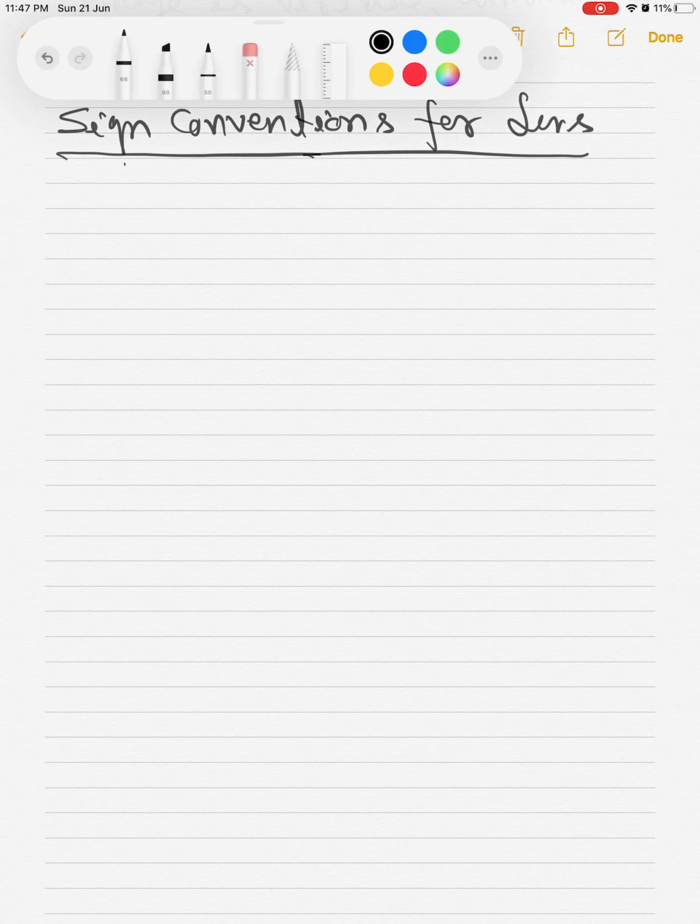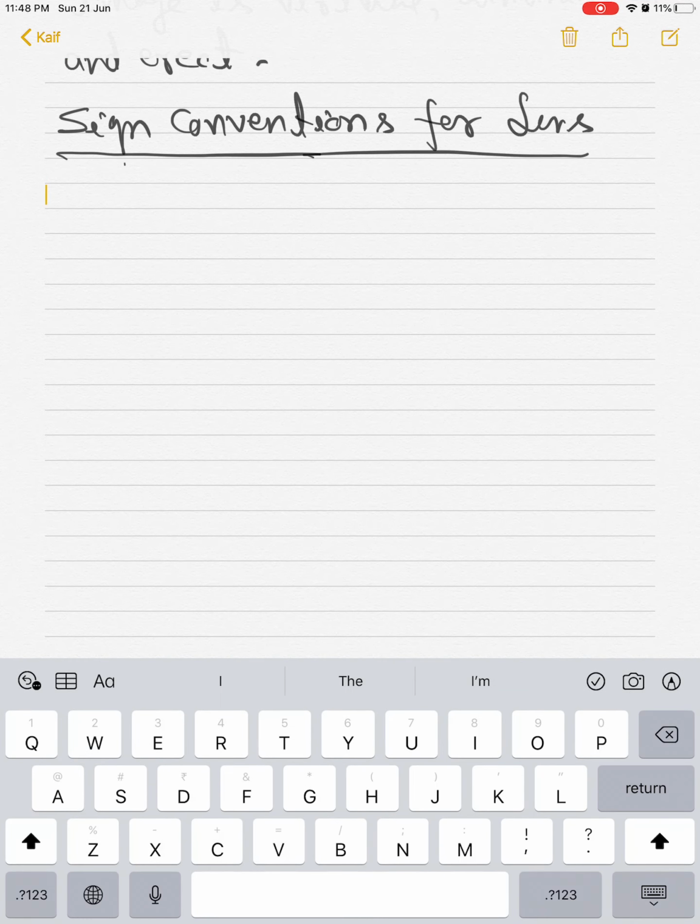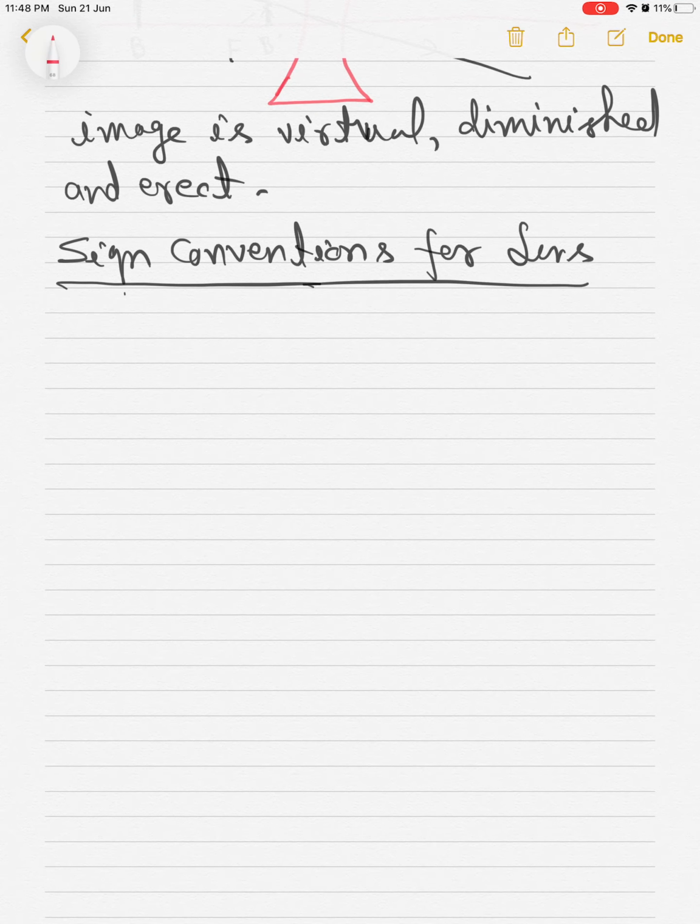Now, sign convention for lens. Any lens we can take. All the distances are measured from the optical center. Second, the distance measured opposite to the incident ray.